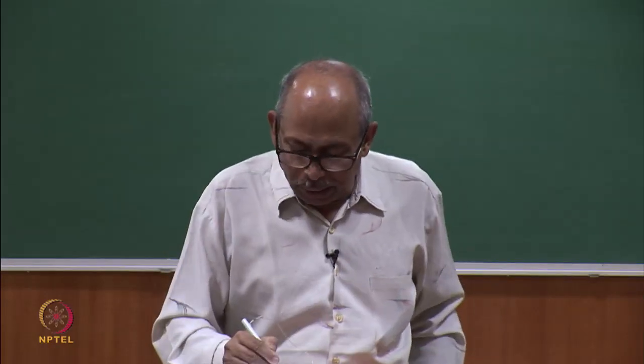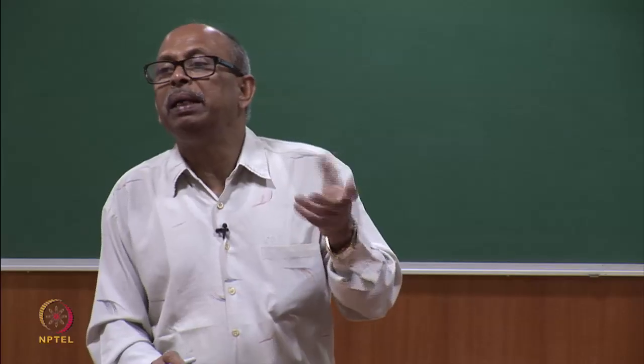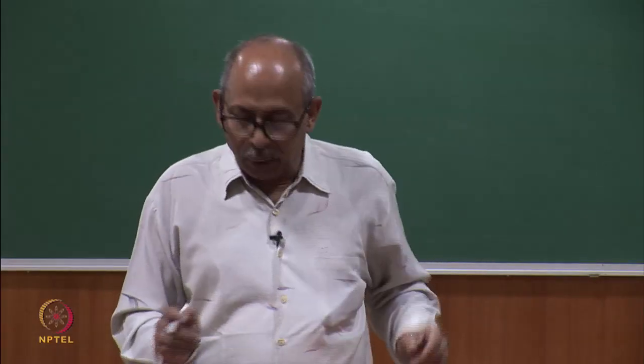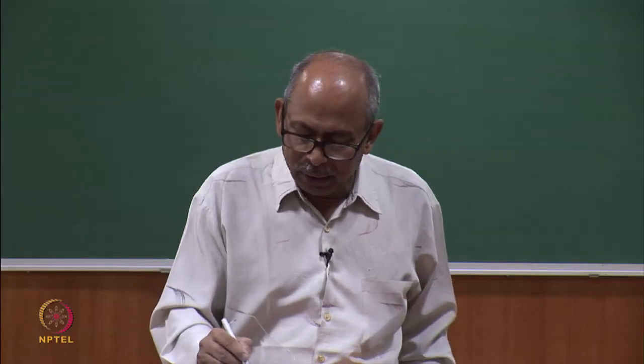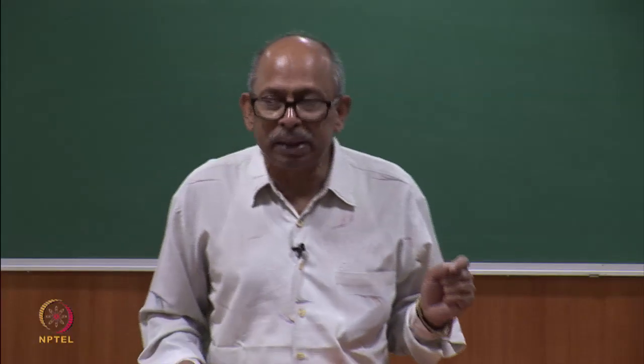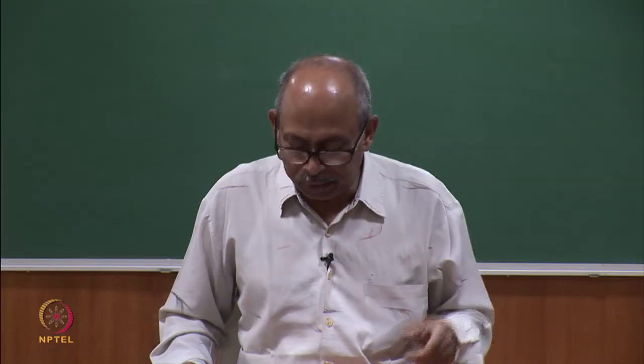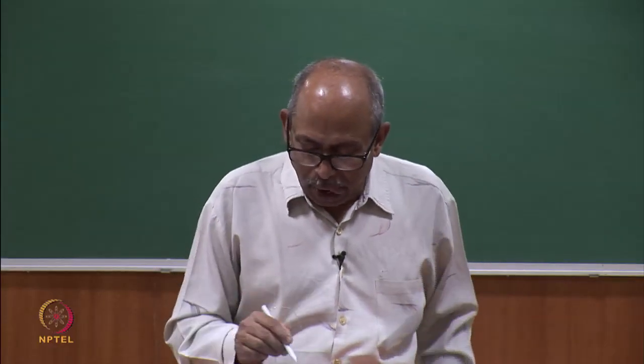If it is 2, you can see that this will be 1.25 f c, because standard cylinder L by D is 2. So, if L by D equals 2, then you get standard cylinder strength. If L by D is equal to 1, you get standard cube size, cube strength. So, that is what it is saying. So, this is how it is.